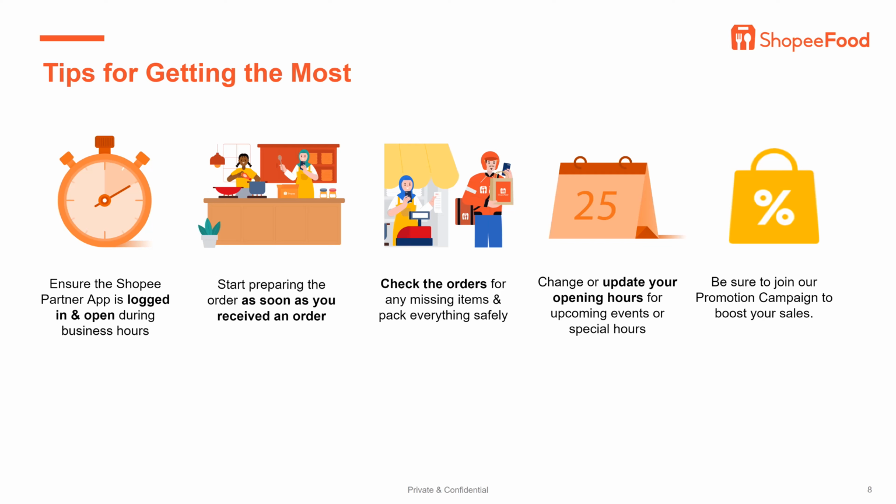This also applies to public holidays. Don't wait until the public holiday; you can immediately schedule in advance. This is to avoid confusion among customers, and there will be no orders coming into your Shopee Partner order list. And last but not least, please be sure to join our promotion campaign to boost the sales.